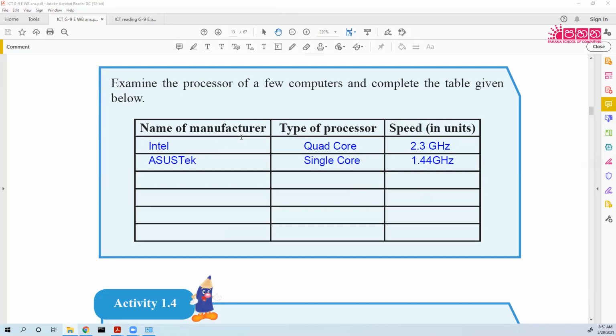I will give you some specifications. So let's start with that exercise, and then we'll continue with today's lesson. I will first share a machine. Identify the processor manufacturer, the type of processor, and the speed. Are you ready?